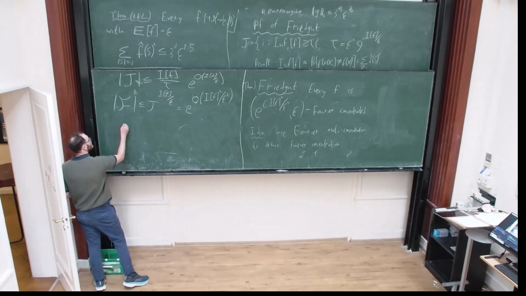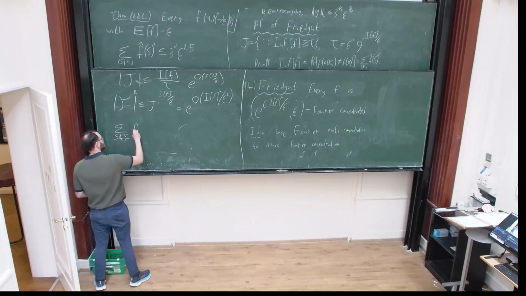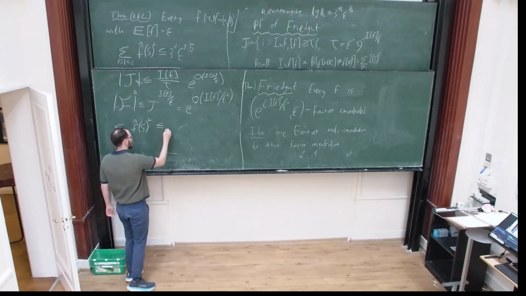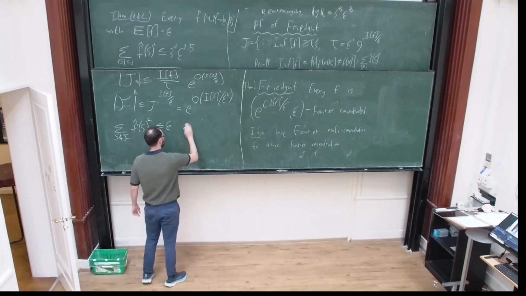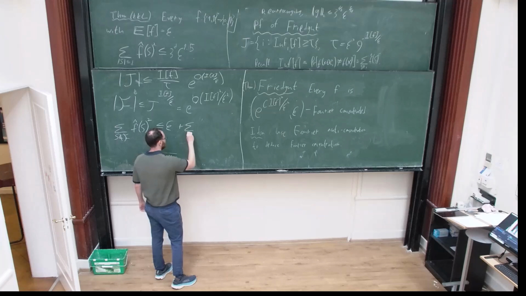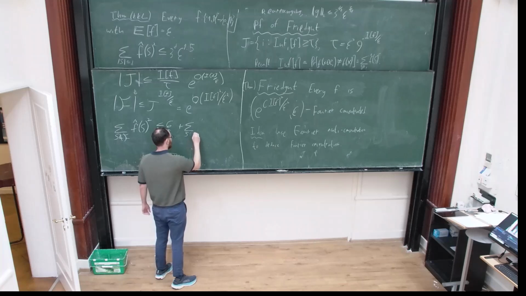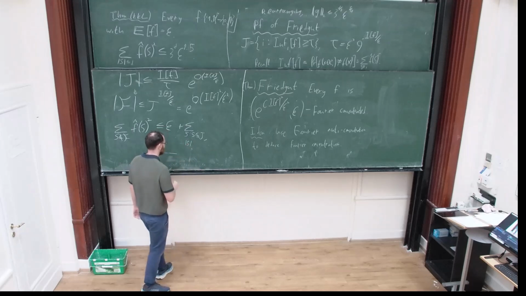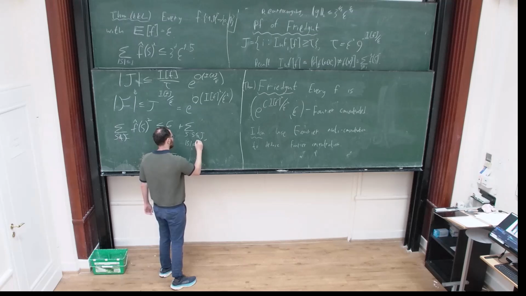Okay, so now we want to upper bound the sum over S not in F of f-hat(S) squared. We can say that this is at most epsilon plus the sum over S such that S is not contained in J and the size of S is smaller than the total influence of f over epsilon.